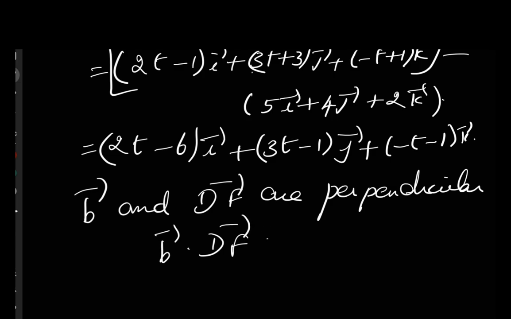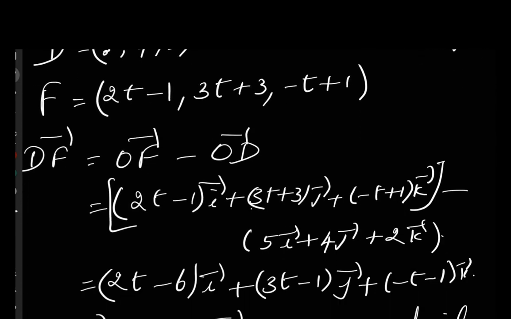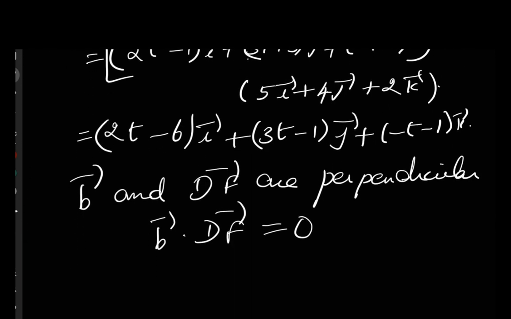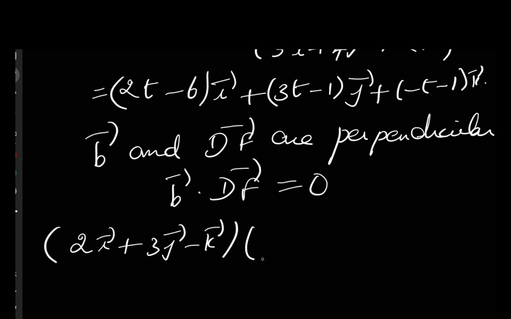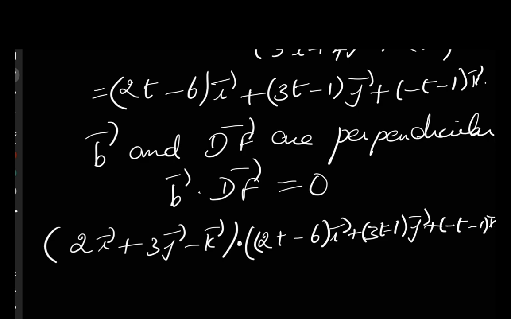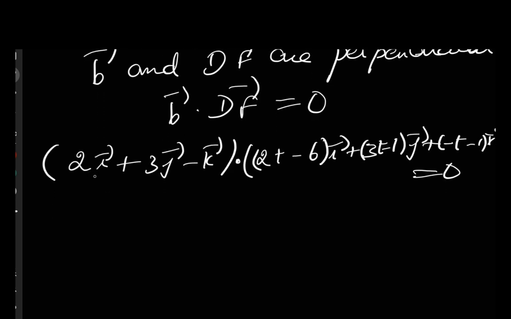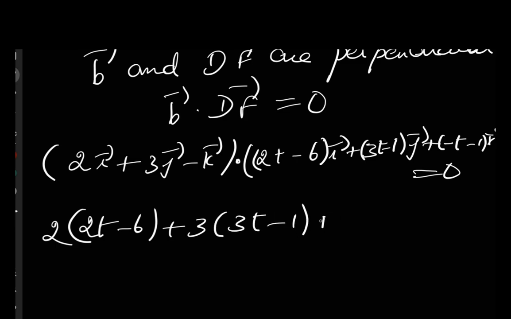Vector B dot DF equals 0. B is 2i plus 3j minus k, dotted with (2t minus 6)i plus (3t minus 1)j plus (minus t minus 1)k equals 0. Dot corresponding components: (2t minus 6) times 2 plus 3 times (3t minus 1) plus (minus 1) times (minus t minus 1) equals 0.